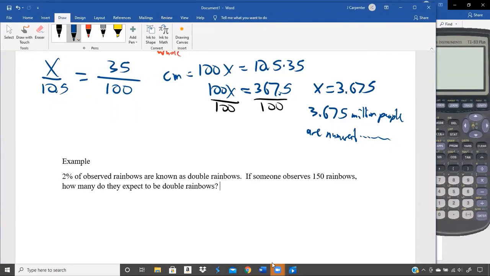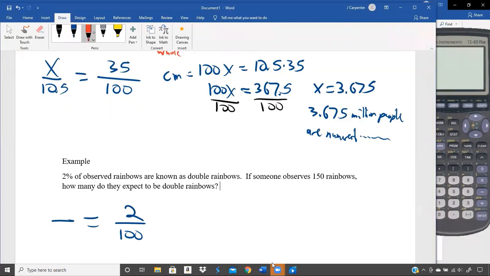We're looking for a part of a whole and we're given a percentage, so we should probably go proportion scaled to 100. The percentage is what goes in the top. This is not 0.2 or 0.02, it is 2. Remember, the percent is the same number on top of 100 as a fraction.